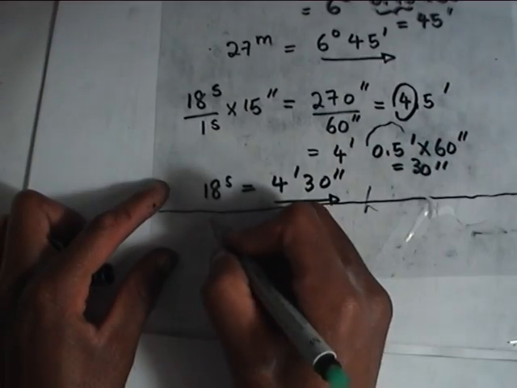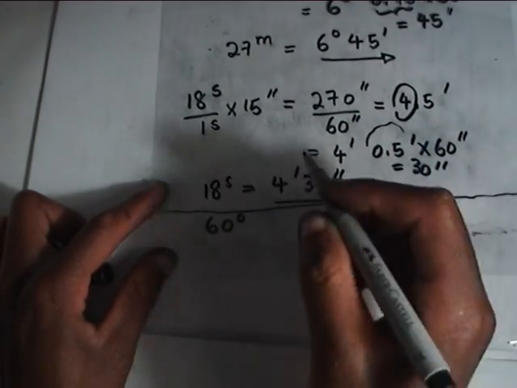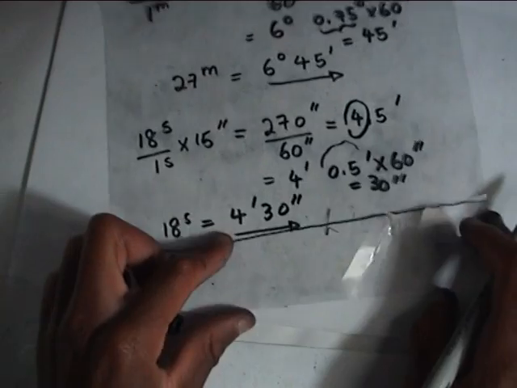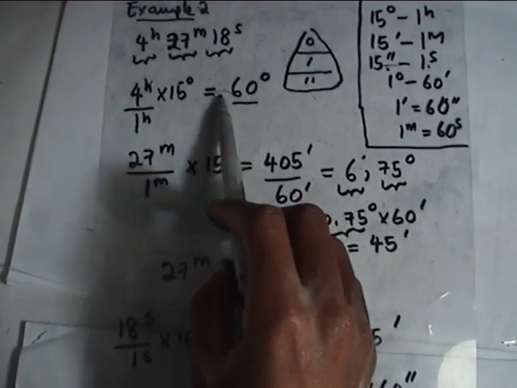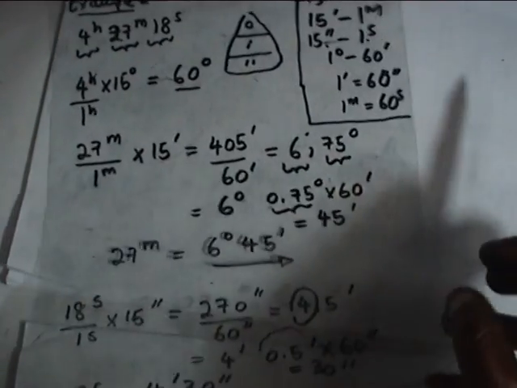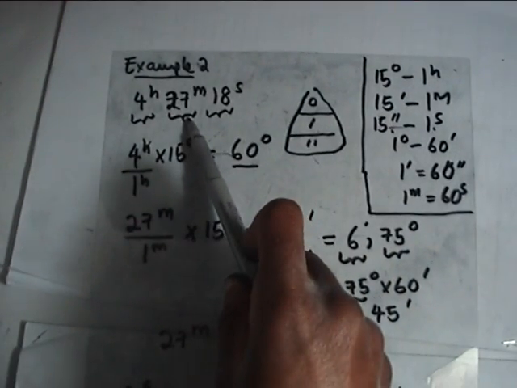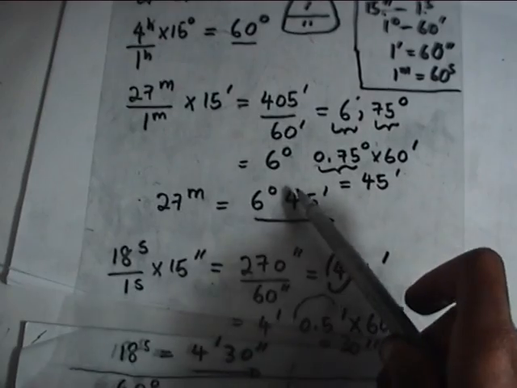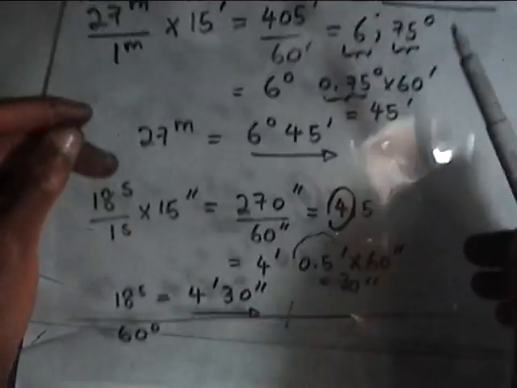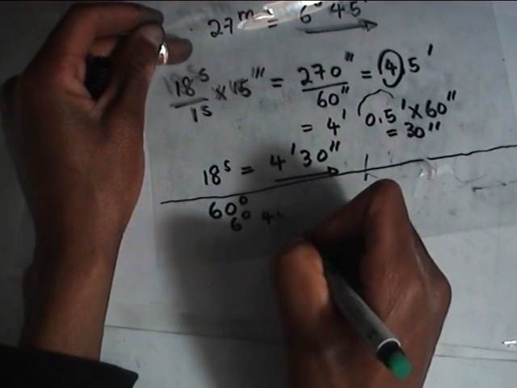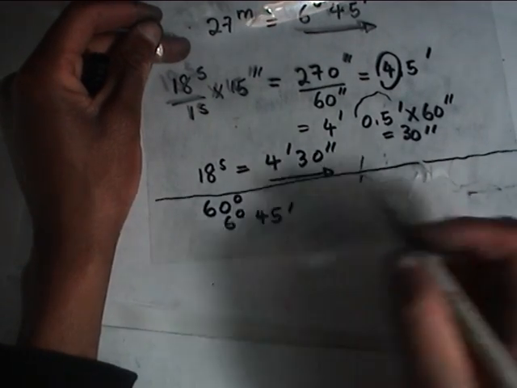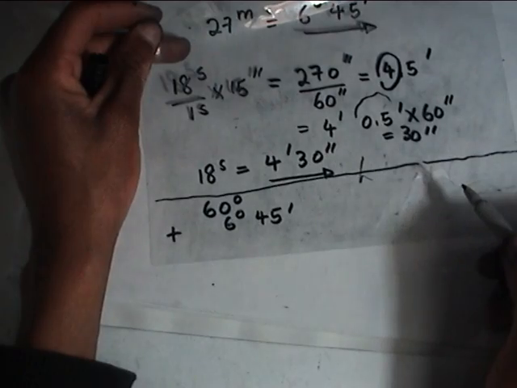So we are going to add 60 degrees that we got from the 4 hours, when we converted the 4 hours. And then when we converted this 27 minutes part, we got 6 degrees 45 minutes. So we are going to add plus 6 degrees 45 minutes.